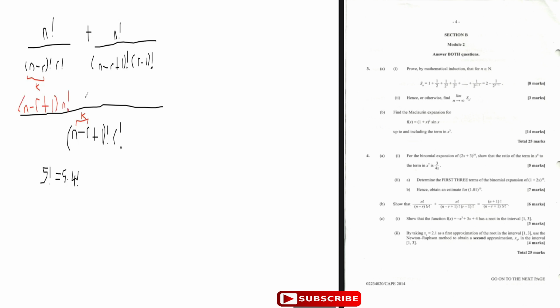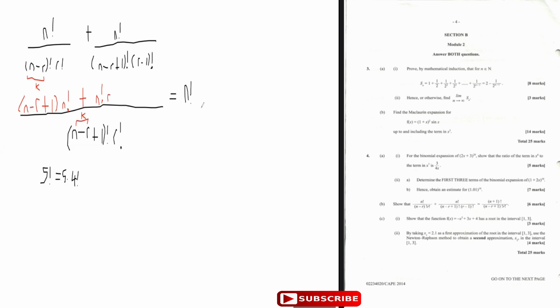Plus, think of r factorial now. You have r minus 1 factorial. R minus 1 factorial into r factorial leaves just r. This is now n factorial times r. Now both of these in the numerator have what in common? That looks like n factorial. So we're going to factor out n factorial in the numerator.